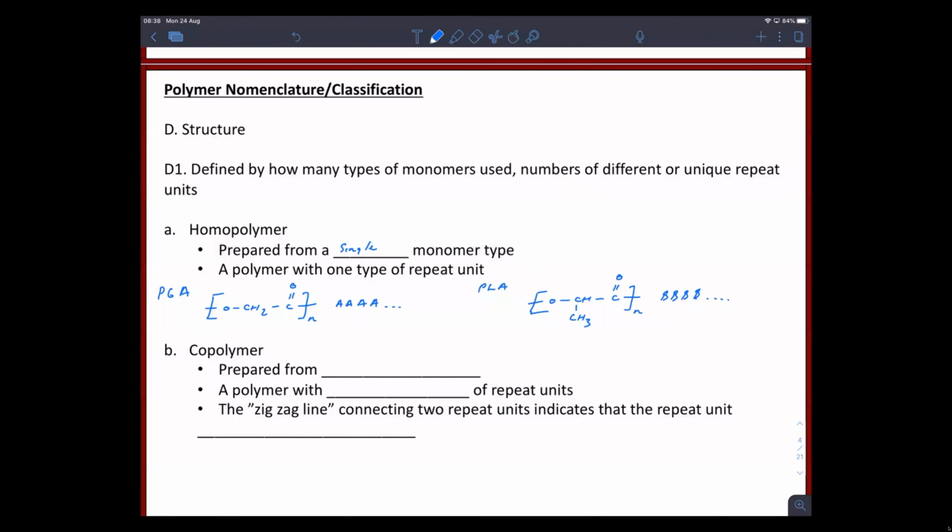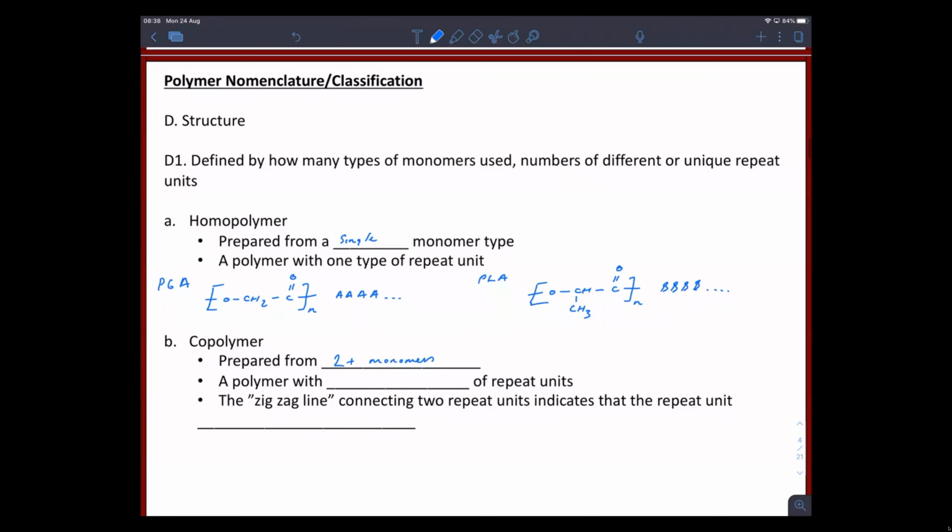That's fairly straightforward. And then copolymers are prepared with two or more monomers. It's a polymer with two or more types of repeat units.